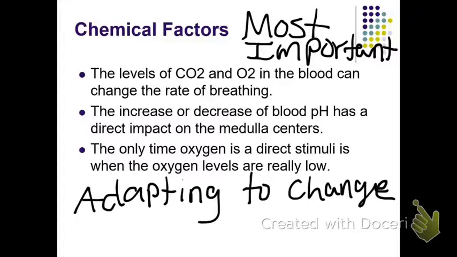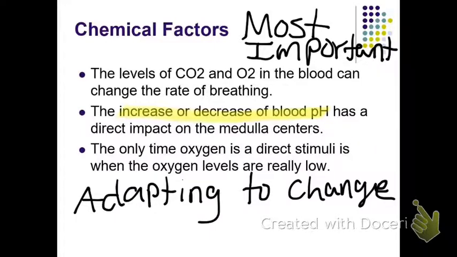And one of the biggest chemical factors is the increase or decrease of blood pH. Because when we are decreasing the blood pH, so that means our blood is becoming more acidic, it has this direct impact on the medulla centers and how they're able to function.